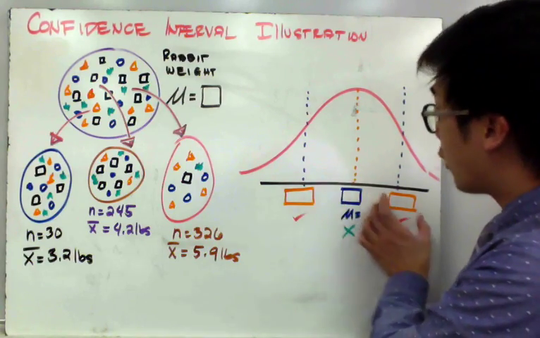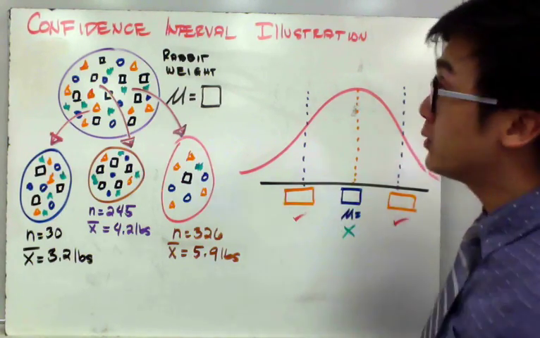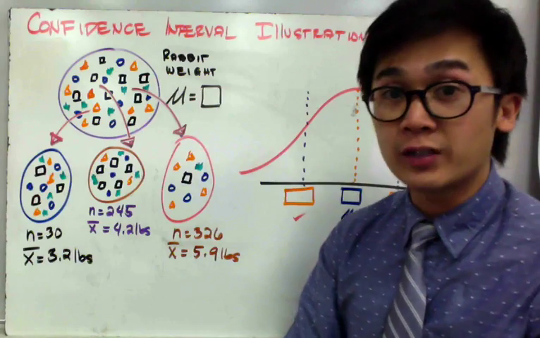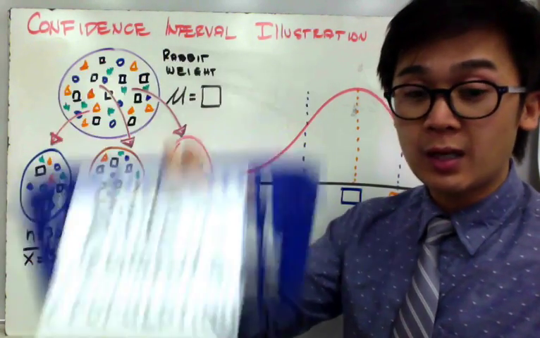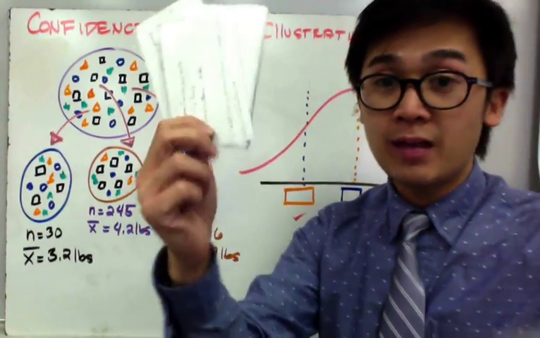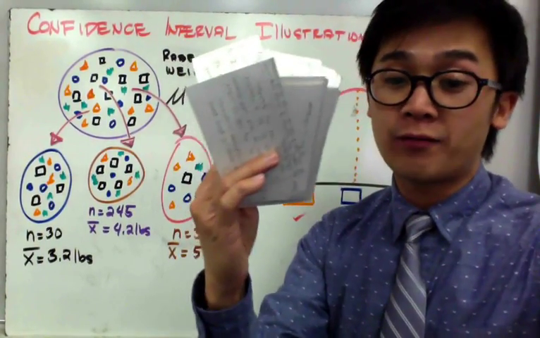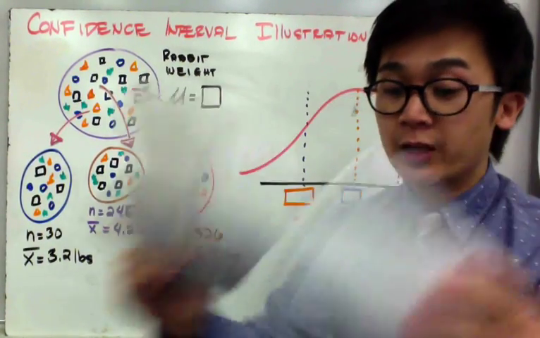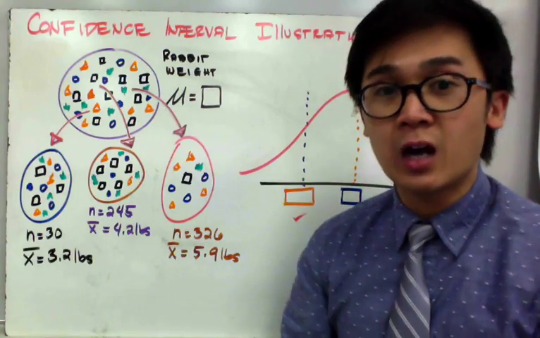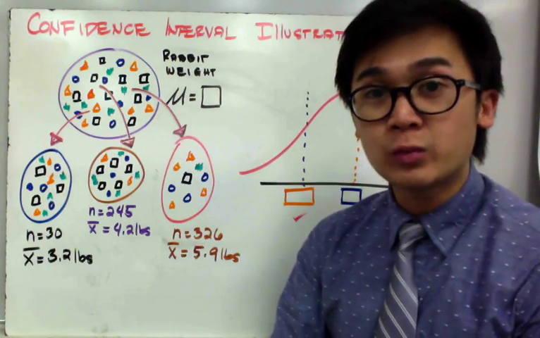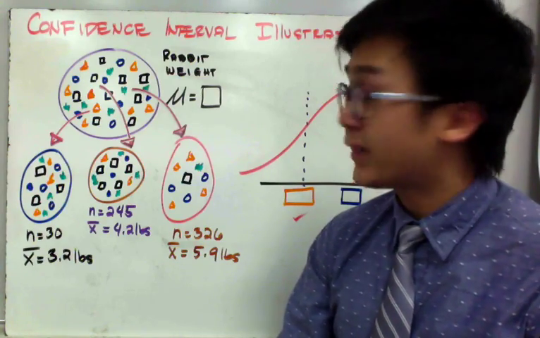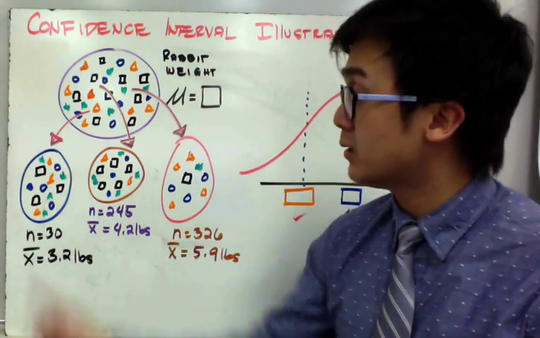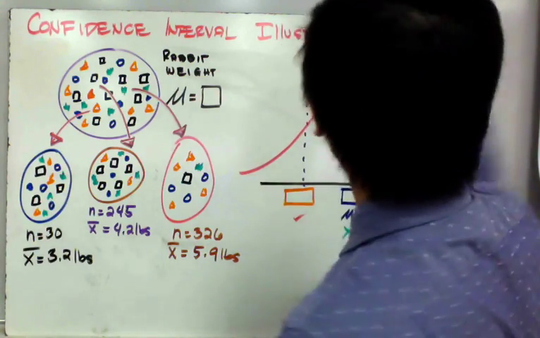And this is what we're going to find, these two values, in our lesson today in confidence interval. Trying to estimate the population mean by the samples that we took from the populations. So that is basically the gist of confidence interval, and that's what we're going to do in making inference about the population based on our sample.